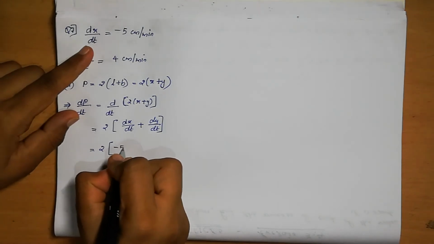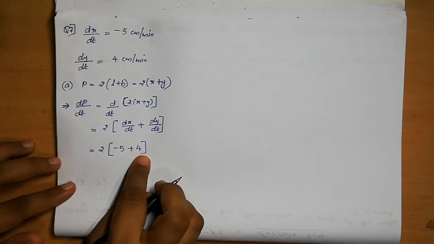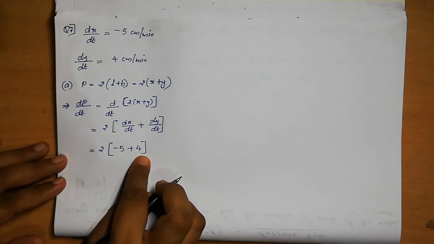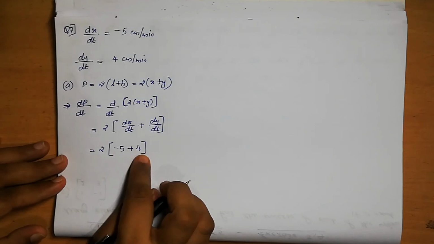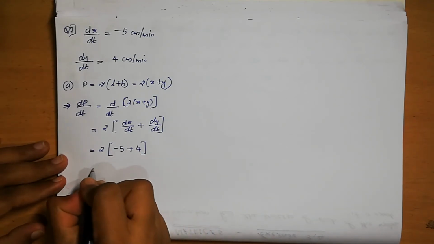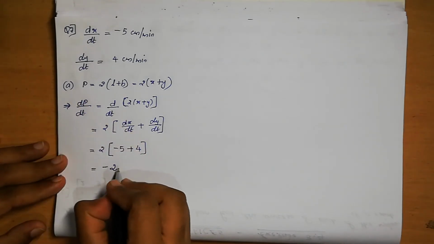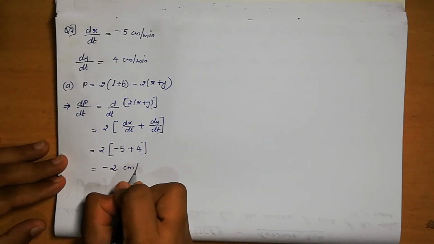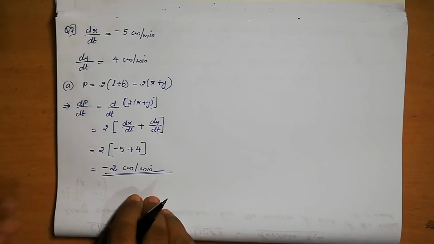Minus 5 plus dy by dt is 4. So minus 5 plus 4 is minus 1. 2 into minus 1 is minus 2. So the answer is minus 2. Perimeter. What is the unit of perimeter? Centimeter per time is minute. Centimeter per minute is the rate of change, right?